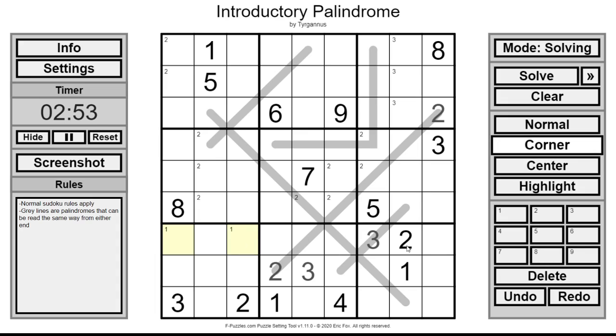There's quite a few 1s. These could both be 1s. Not seeing too much else with 1s.